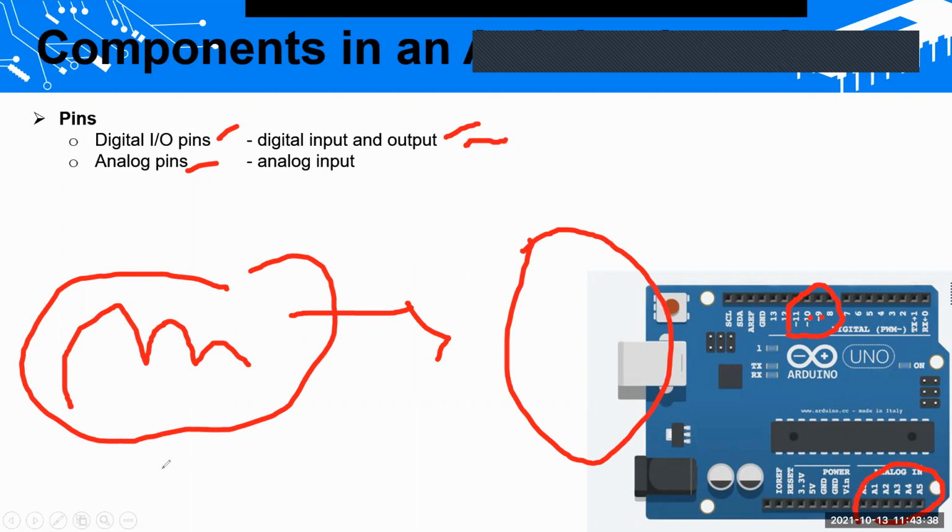So if it is 3 voltage or something like that, it will represent it as some value like 900. If you give 5 voltage, it will represent it in the Arduino board as 1023, because of the analog to digital conversion, ADC.